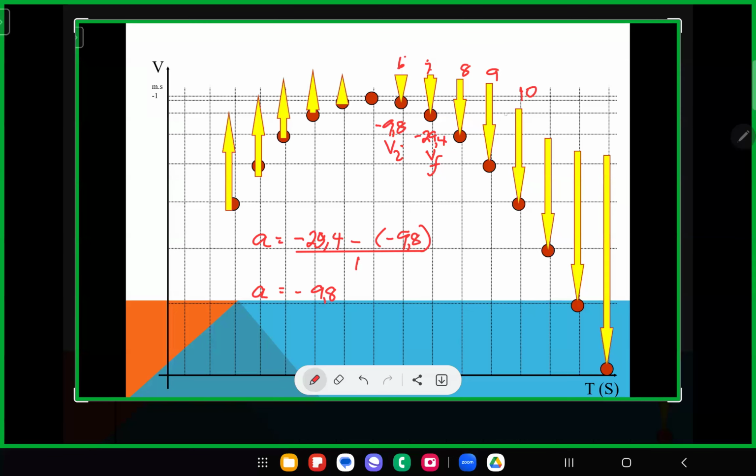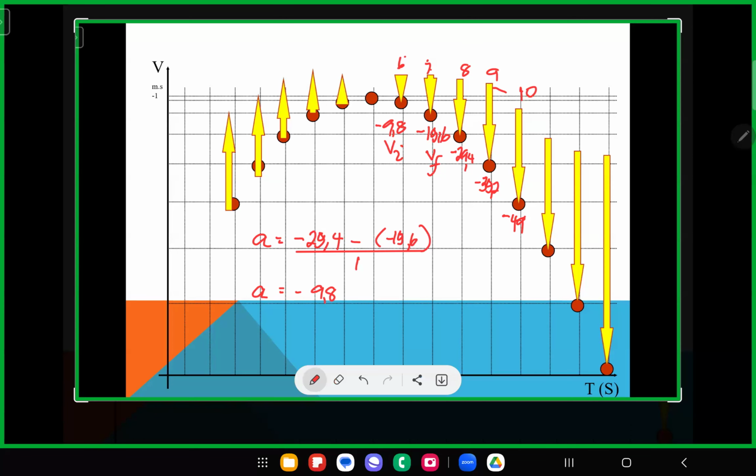If you take it between, say, 9 and 10 seconds, minus 29.4. Oh, sorry. See, no one's paying attention. That's supposed to be minus 19.6 there. That's minus 29.4, minus 39.2, minus 49.